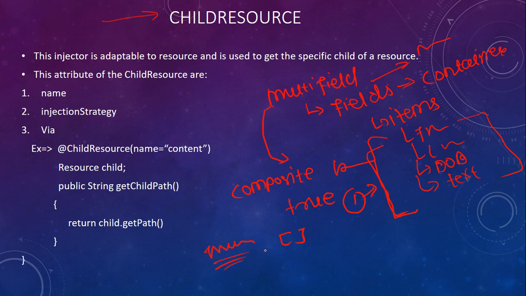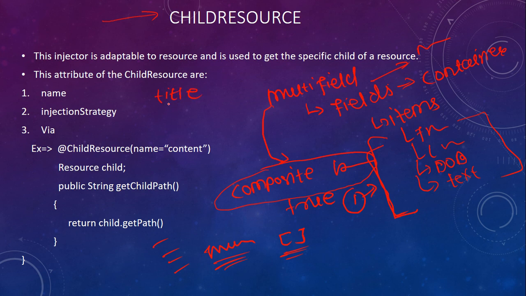Inside this variable this entire code will be stored. But sometimes you don't want to store this code together, you want to store it separately. Then you can simply use composite equals true. So what it will do, firstly it will create, that means right now we are in the title component.